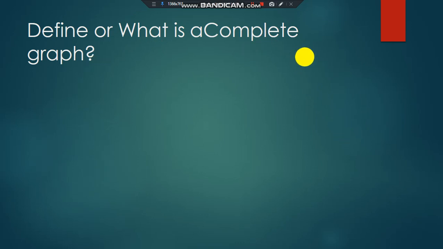Now look at the picture. Now I am going to draw. Take for example, this is one vertex V1, this is second vertex V2, this is third vertex V3, this is fourth vertex V4.